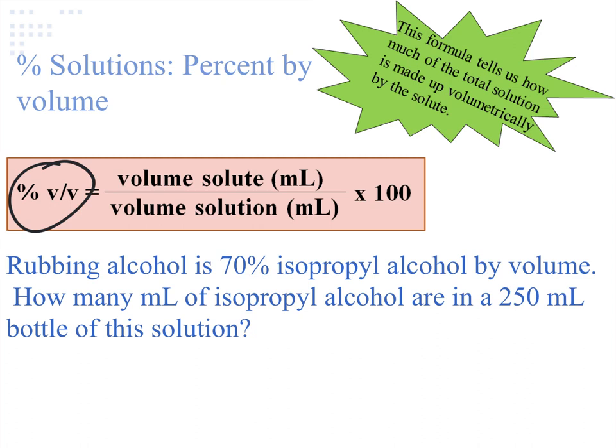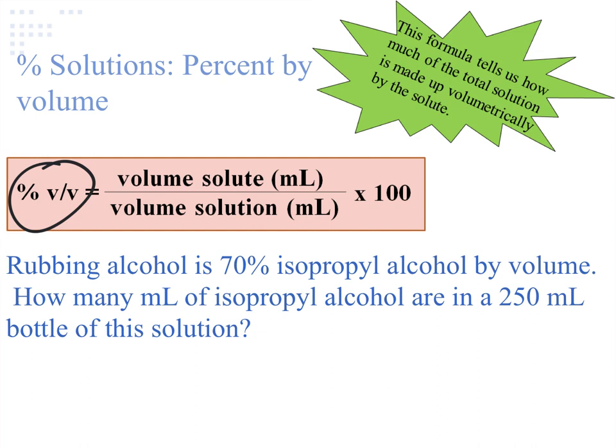And so like rubbing alcohol, 70% isopropyl alcohol by volume, that means it's 70 milliliters of isopropyl alcohol for 100 milliliters total solution. To find out how many milliliters you would need of each of these, you can just plug it into the equation and solve.